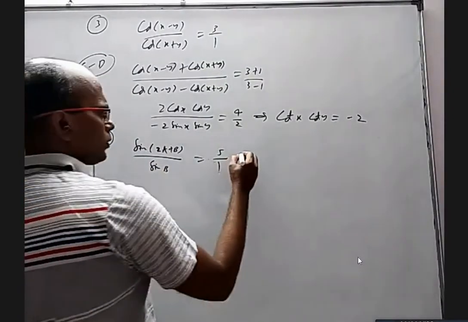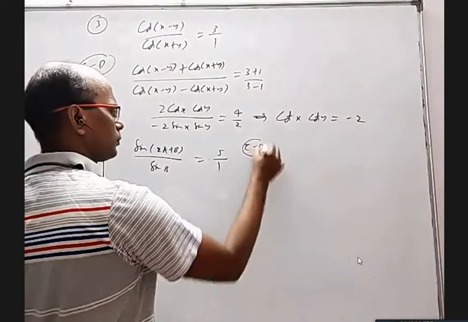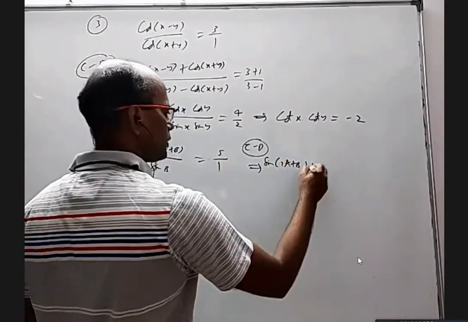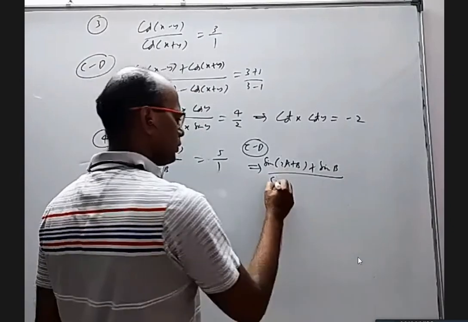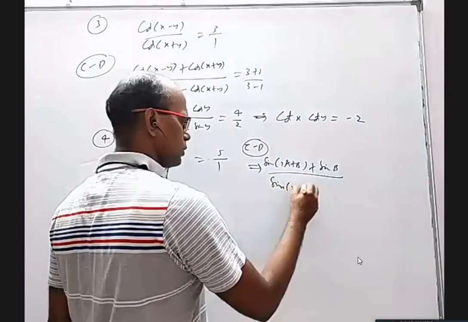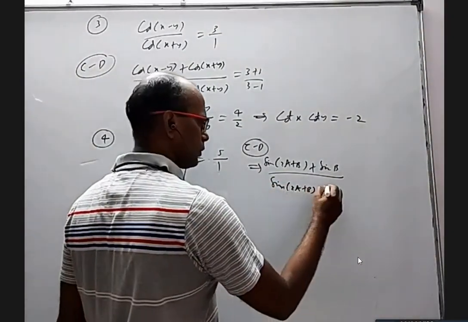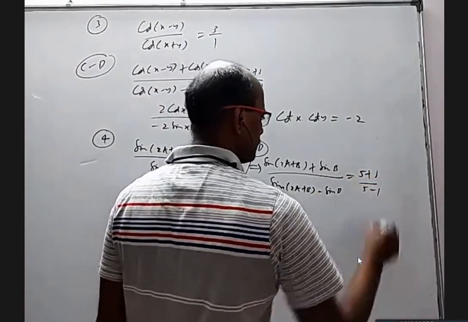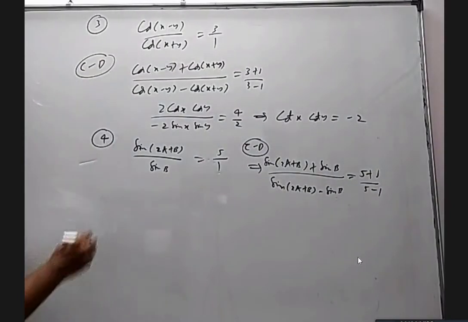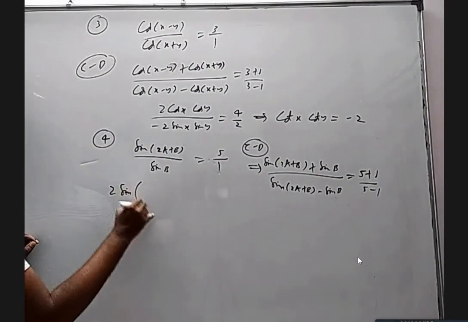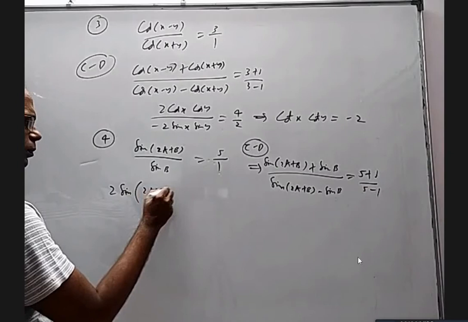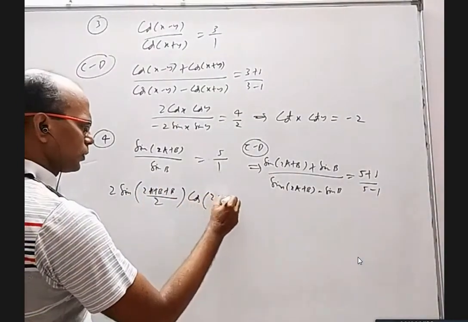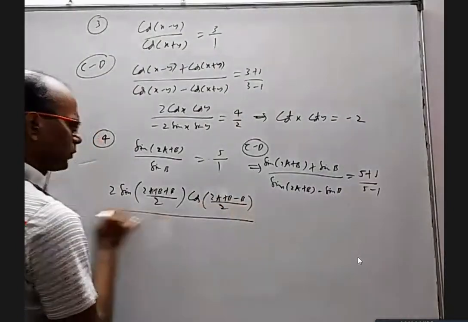Here, when I apply componendo and dividendo, I will get sin(2a plus b) plus sin b by sin(2a plus b) minus sin b is equal to 5 plus 1 by 5 minus 1. It is sin C plus sin D, so 2 sin((C plus D) by 2), which is (2a plus b) by 2, cos((2a plus b) minus b by 2).